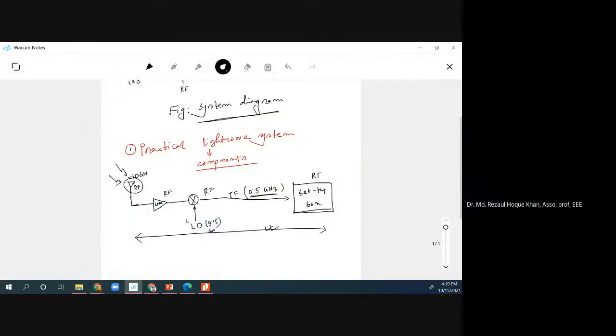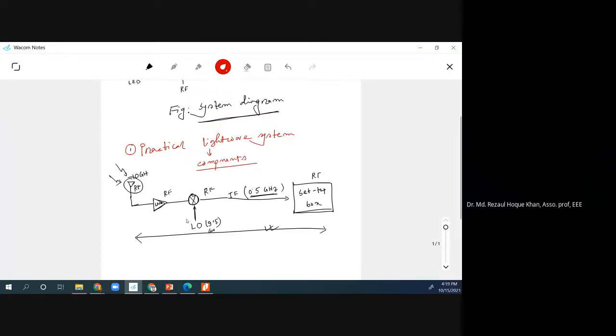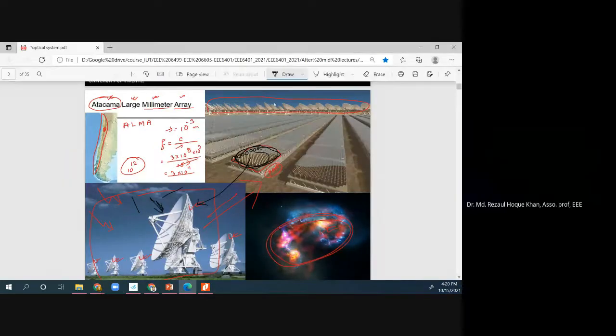What happens then? This is the LNA, then you have RF, you have LO and IF. We will replace this LO, the local oscillator, which previously was RF. Now you will use optics to create this LO.